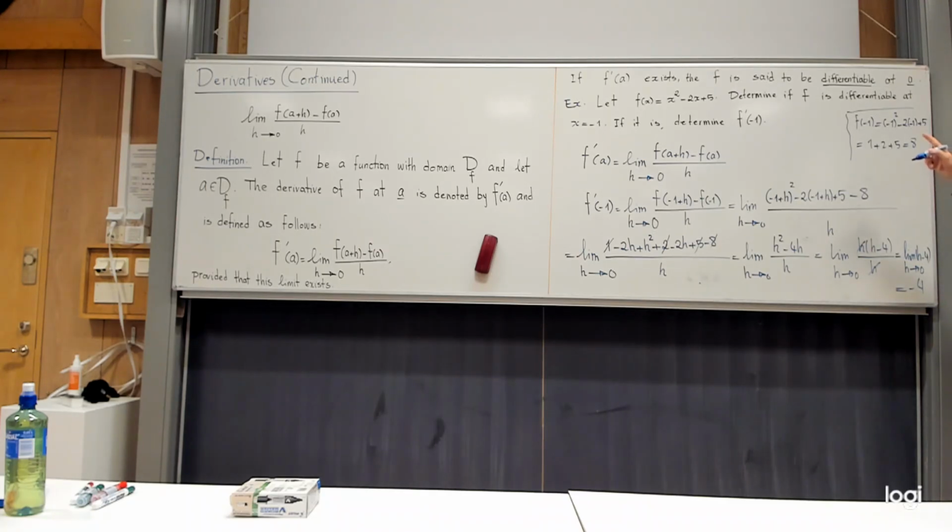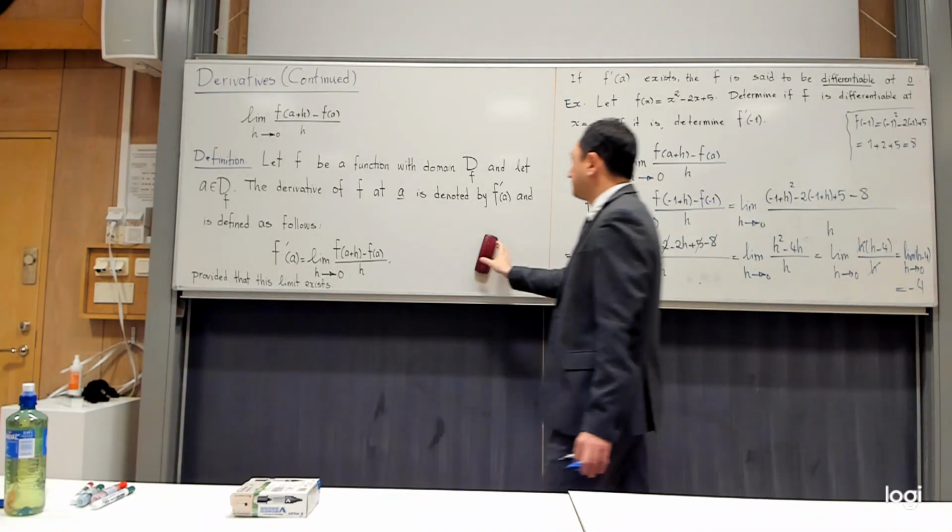So, is this function differentiable at -1? The answer is yes. And what is the derivative? It is -4. Yes? So let me write this here.